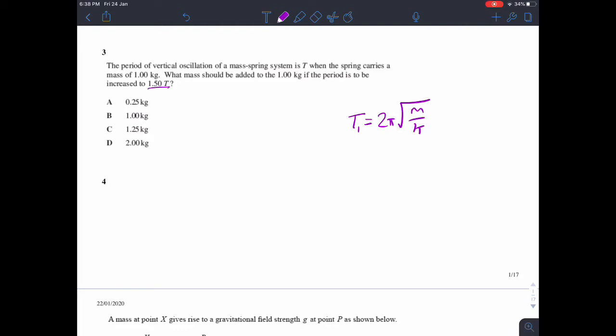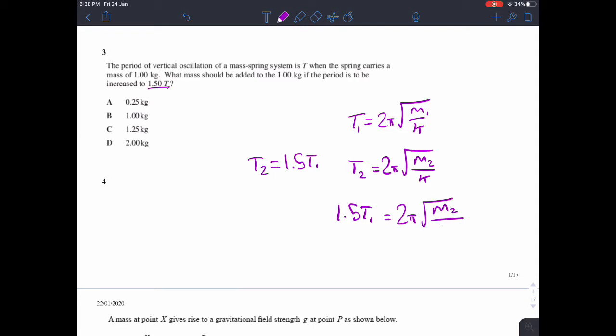So if we call that T1 and m1, and then we have T2 is 2 pi root m2 over K, and we know that T2 is equal to 1.5 times T1. So then we've got 1.5 T1 equals 2 pi root m2 over K. And so now we've got two simultaneous equations here, which both have T1 in them.